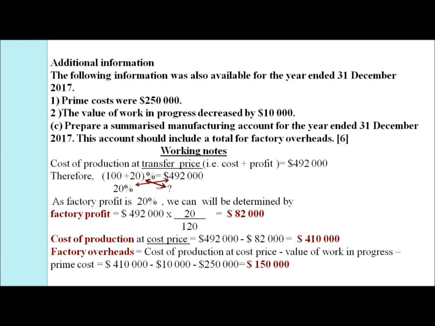And as we need to find the factory profit, which is 20%, we can say that 120% is equal to $492,000. 20% is how much? By cross multiplying, we find the factory profit, which is equal to $82,000.